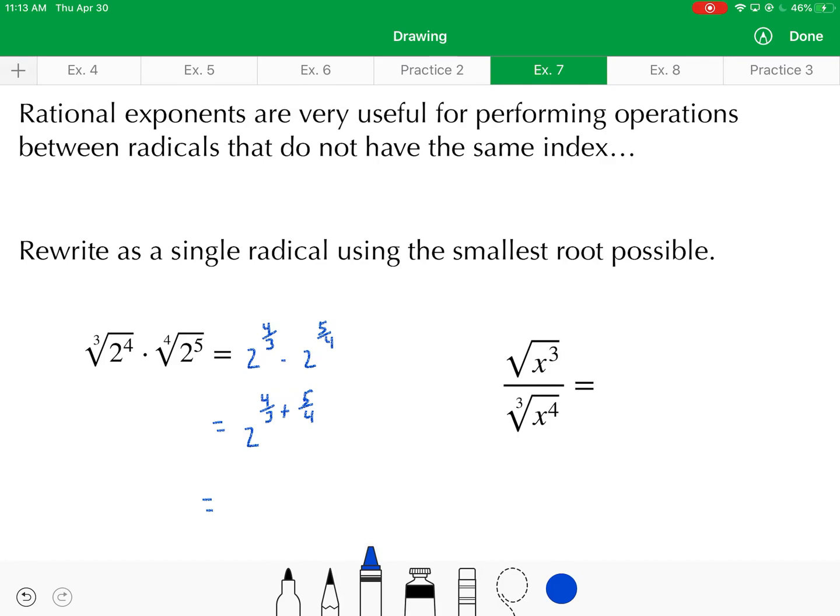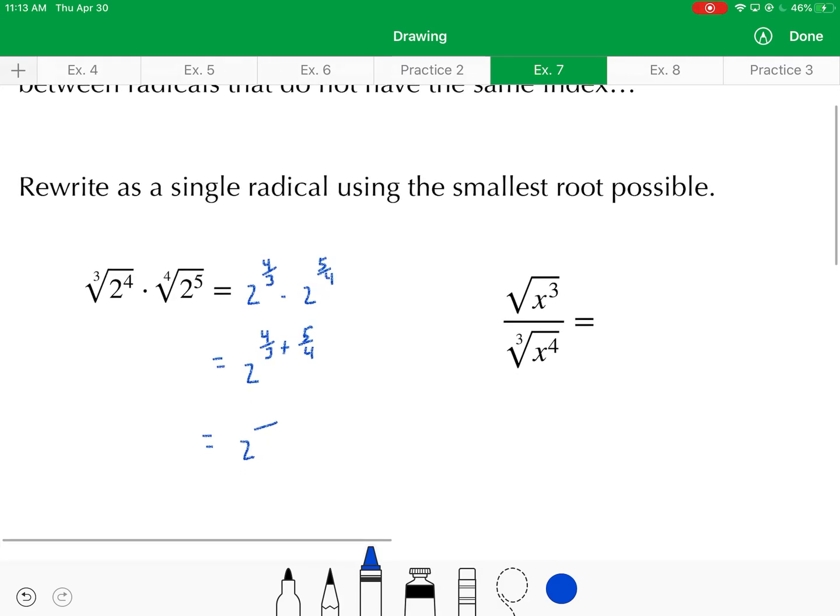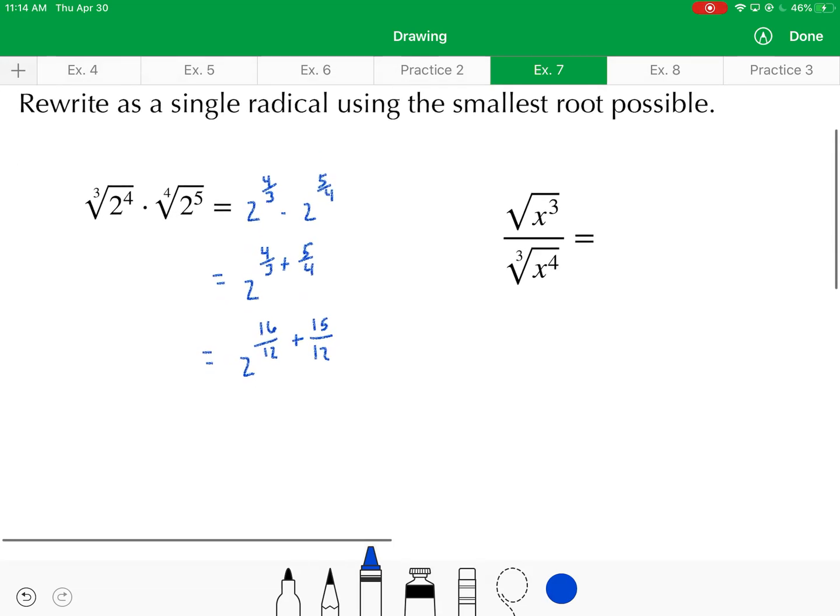That's going to require a common denominator here. Okay, so that common denominator is 12. 4/3 turns into 16/12, and then 5/4 is going to turn into 15/12. I'll add these together.